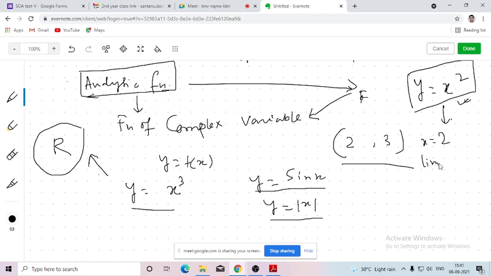Otherwise you can use the first principle: limit h tends to 0 of f of 2 plus h minus f of 2 by h. If this limiting value exists, then the function is differentiable at 2. Is that clear or not?